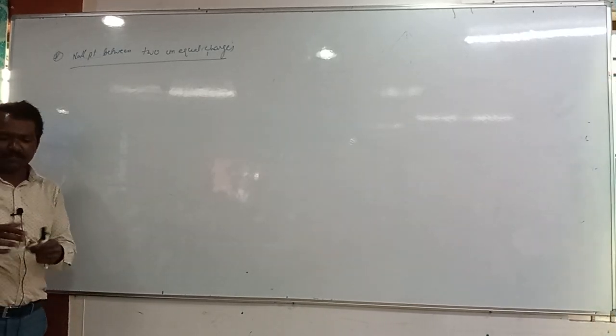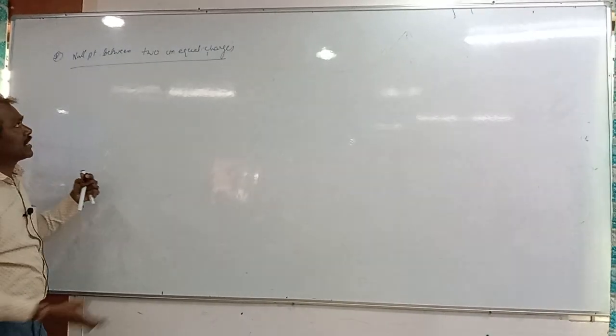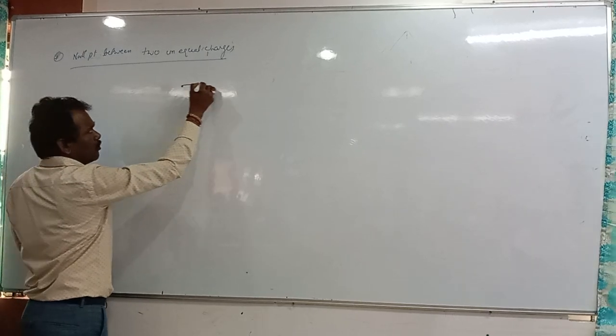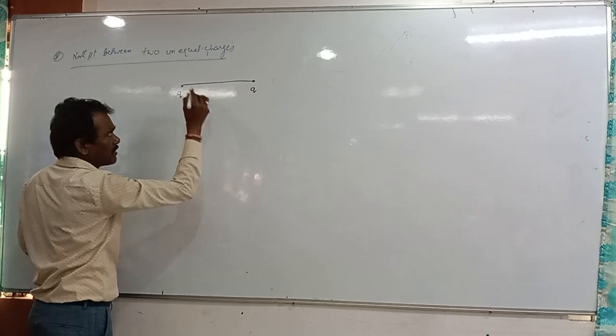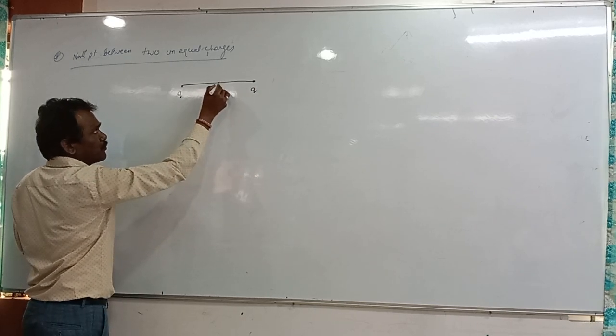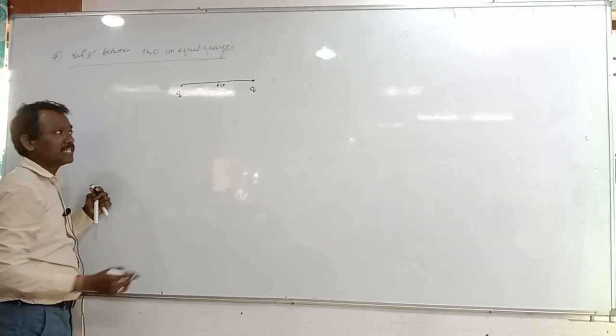Q1, Q2 we take, right? So till now what have we taken? Q and Q we took, right? At the center the net force is 0, that we discussed, right?